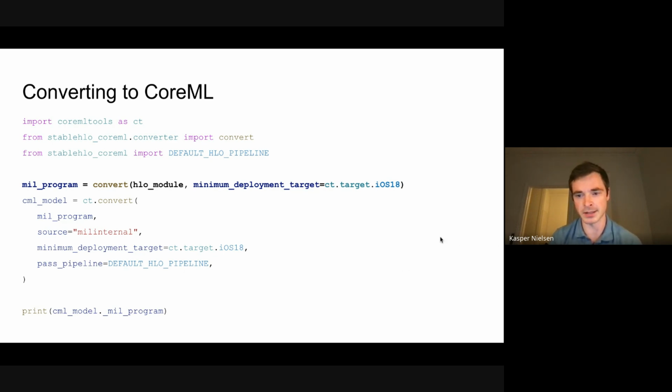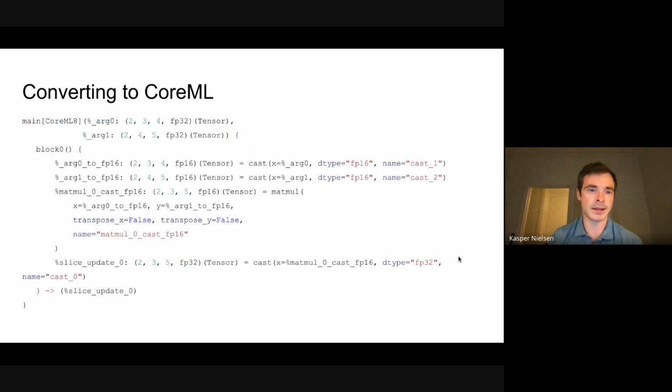So if you go to the next slide again, this is the corresponding MIL program for the StableHLO or the JAX function. And you can see it's very similar in this case. I think the main two differences are that CoreML tools does some optimization where it converts your inputs to floating point 16, and it does the 16 to 32 conversion again in the end.